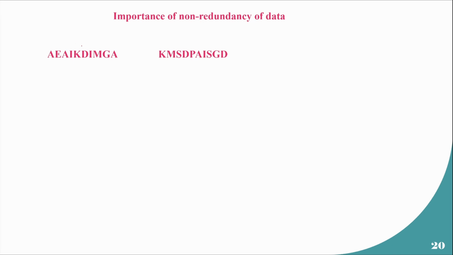So let's say here I have these two sequences, right? Let's say this is sequence 1, this is sequence 2. Now, what we want to calculate is the composition of alanine in these two sequences, not individually.